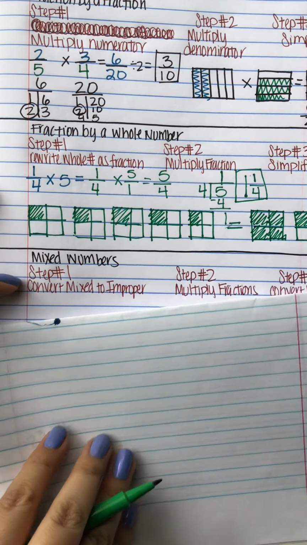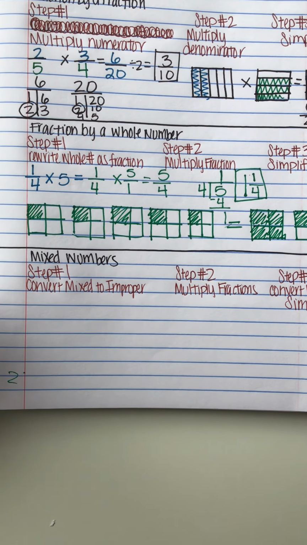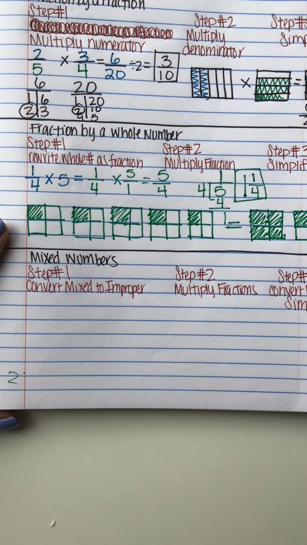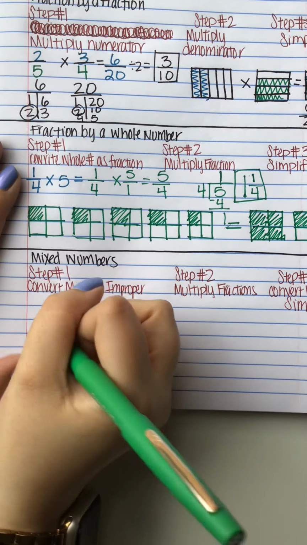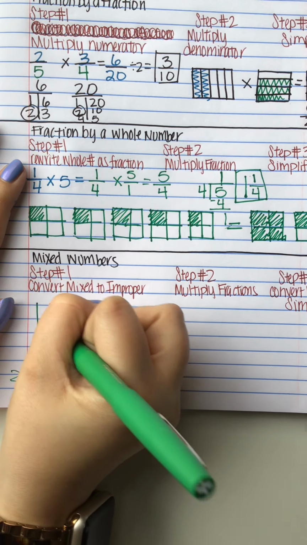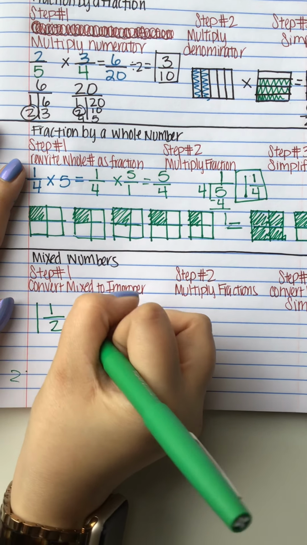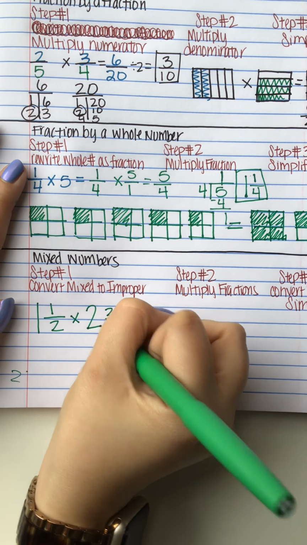And the last step is step number 1. And it says convert mixed numbers to your improper fraction. So let's say I have 1 1/2 times 2 2/3.